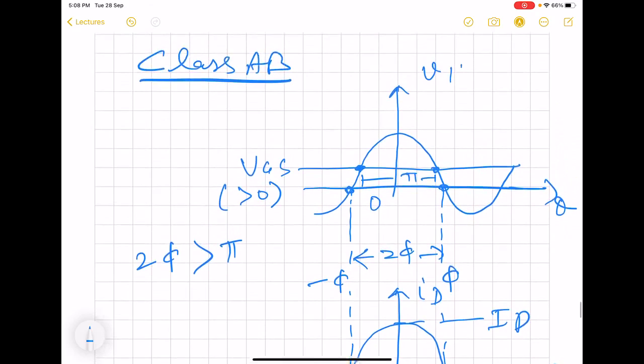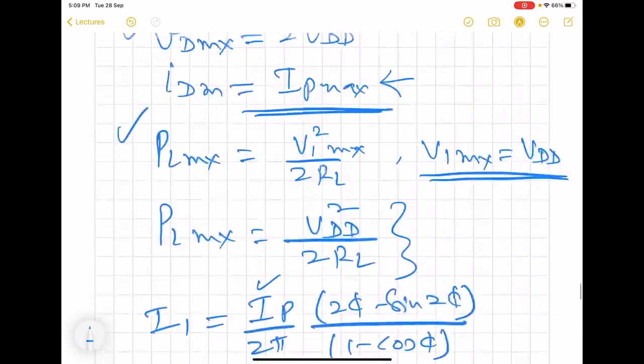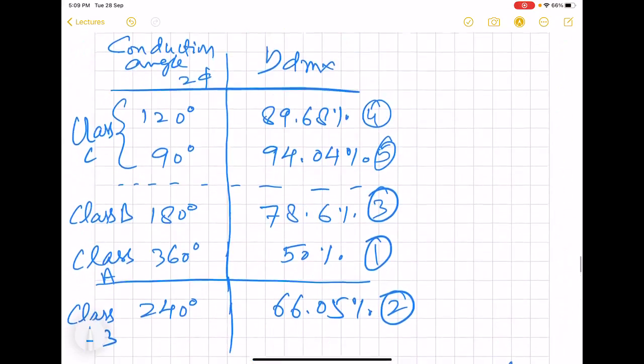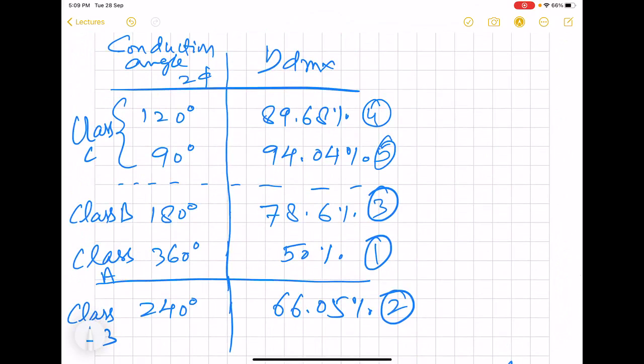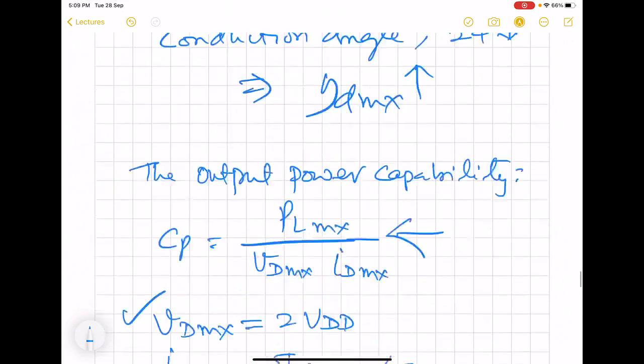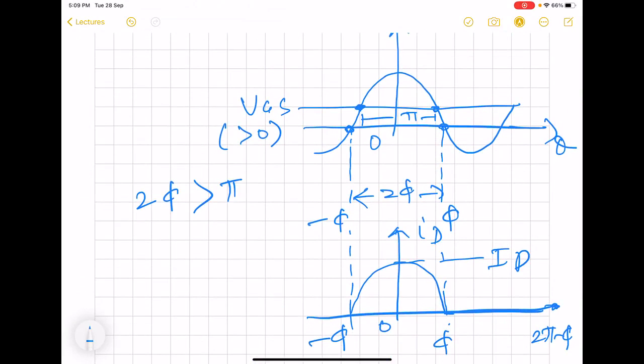So whatever result we have got for class C is in fact so general that it applies not only for class C but class AB and class B and A also. And we have seen this from the efficiency plot for various values of the conduction angle. And the circuit for class A, sorry, AB remains exactly the same as that of class C.